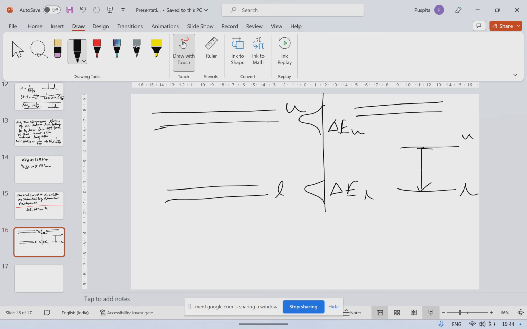The line width concept comes from the fact that here there are no two discrete energy levels; there is a broadening in the energy level. So the transition can happen like this, like this, mid to mid, or upper to mid.